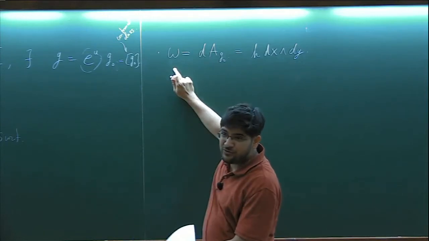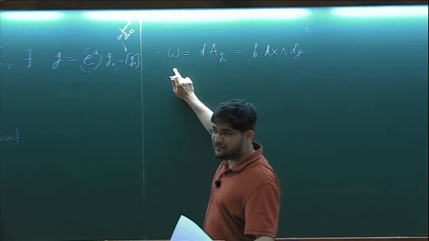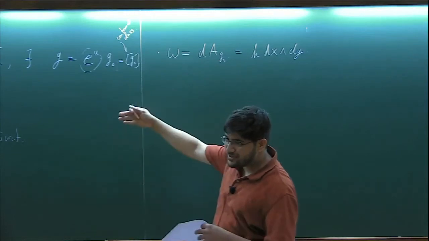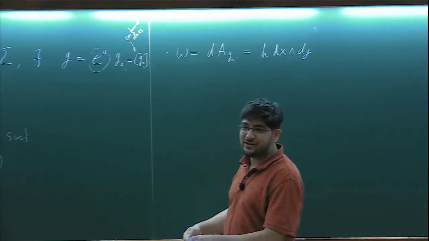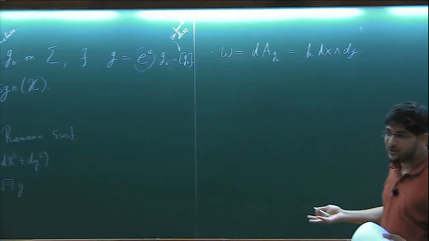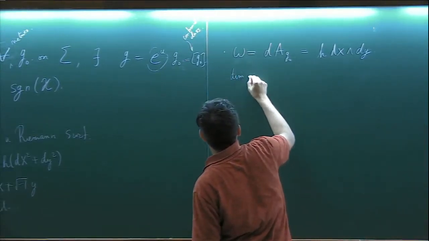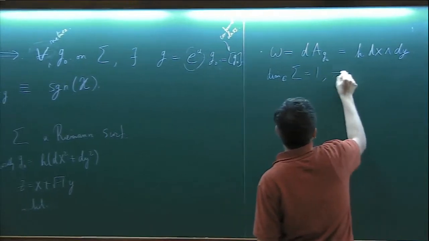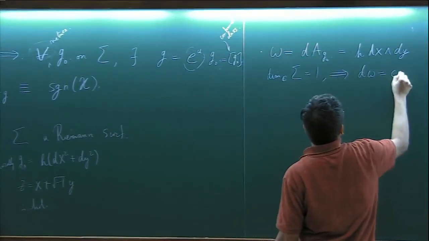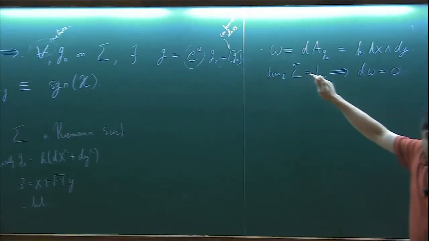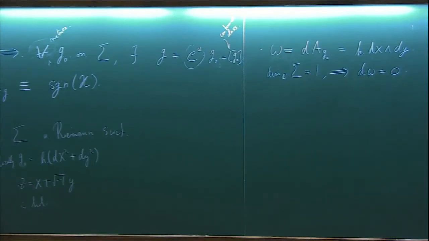If you have a two-form and apply the exterior derivative to it, there's no other place to go, right? So the exterior derivative of any two-form has to be 0. So clearly, since the complex dimension of sigma is 1, this implies that d omega is 0. So this now gives you a Kähler form on your Riemann surface.